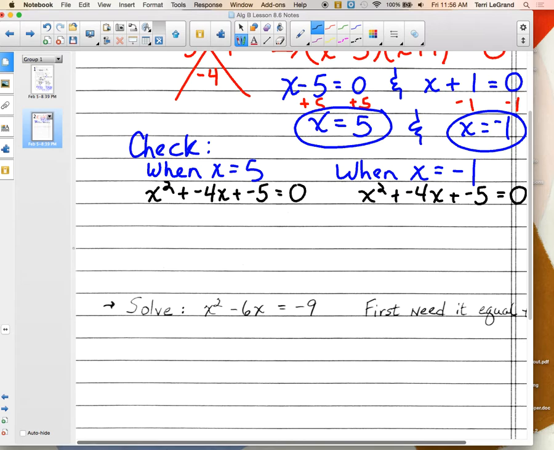So write down the quadratic as it was before you renamed it. Go back to how it started and substitute into that, because that's where you need to make sure the answer works. Because you could have factored it wrong, and we don't want to take that chance.